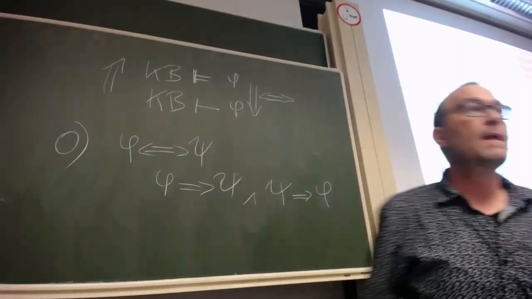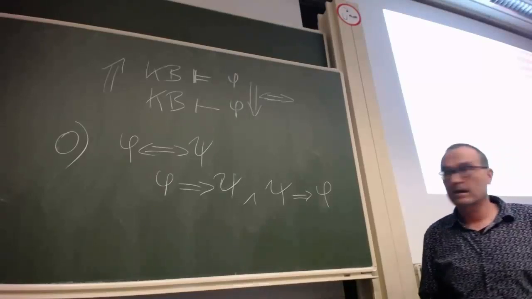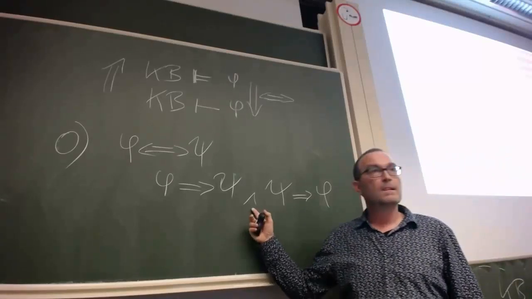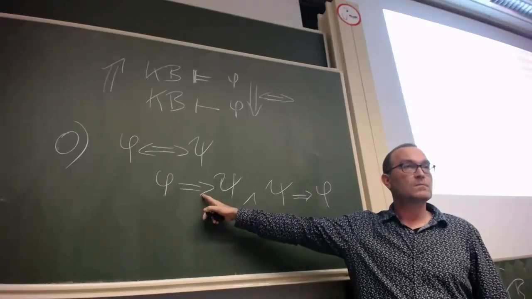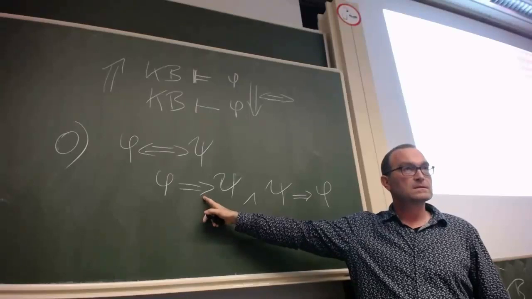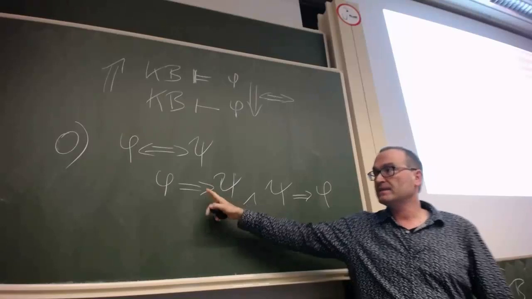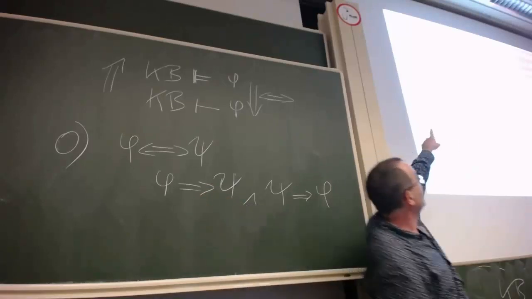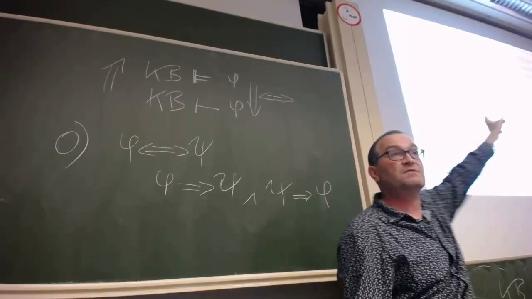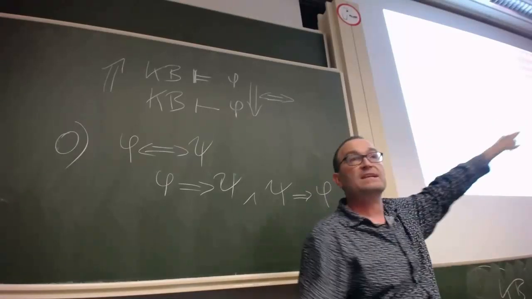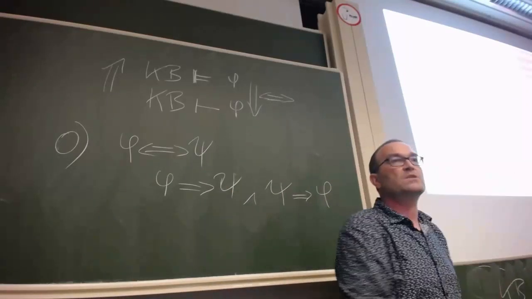The CNF is a conjunction of disjunctions, so it's not implies. Yes, but this is step number 0, and then we have a step that gets rid of the implication. Then we have a step that gets rid of negation, and then a step that pushes negations inward. That's basically what all the rules do here.